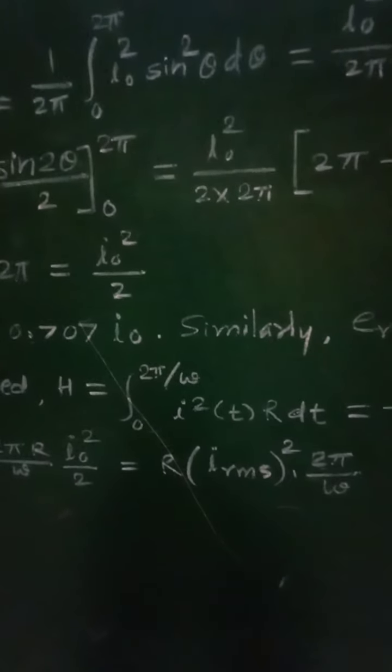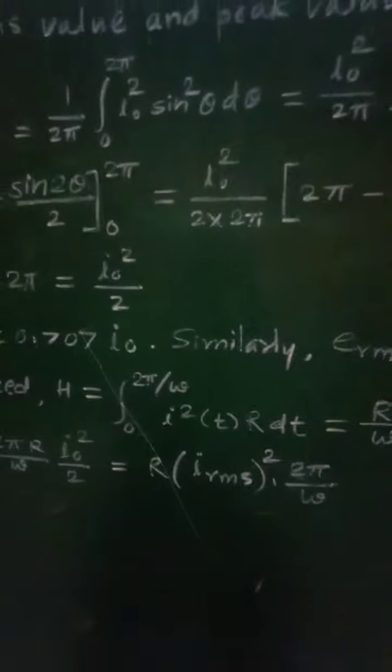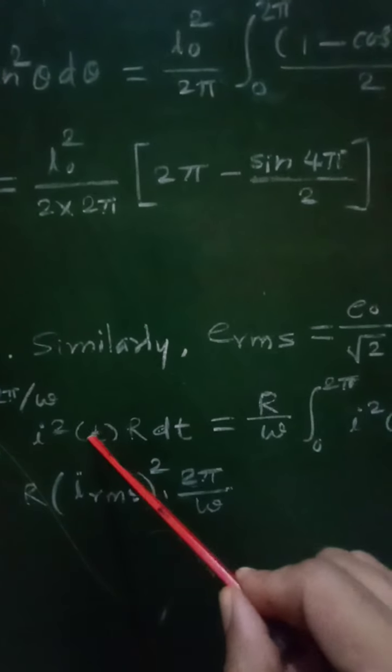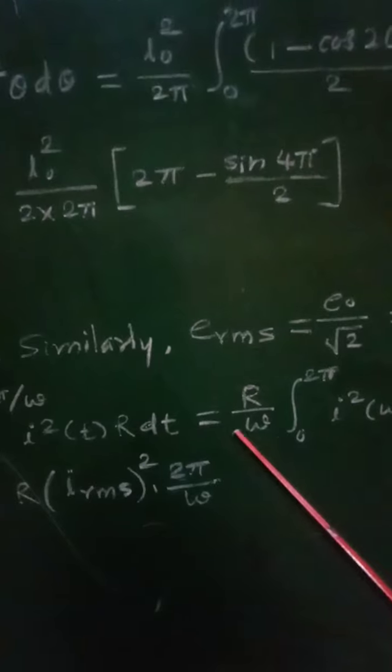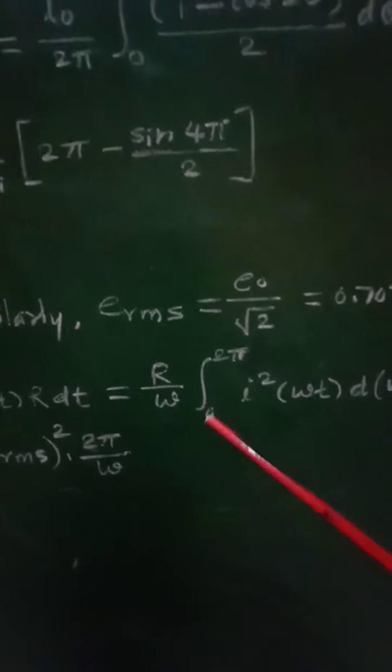Instead of that, if you convert it into a function of phase, that is omega t, then we have to multiply and divide by omega, so that omega can be taken out of the integration because it is the angular frequency, which is constant.